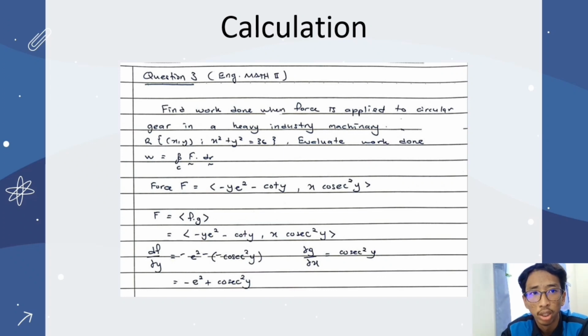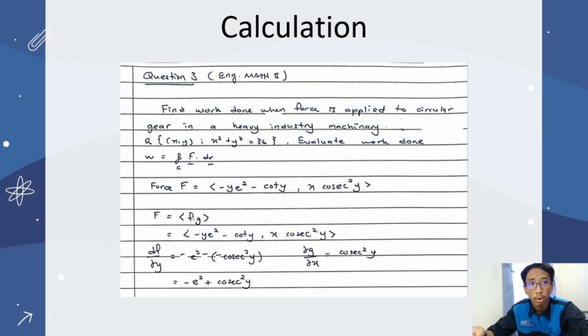The force in component form of a vector is negative y squared minus cot y, and then x cosec squared y. From this, we know that F is negative y squared minus cot y, and G is x cosec squared y.